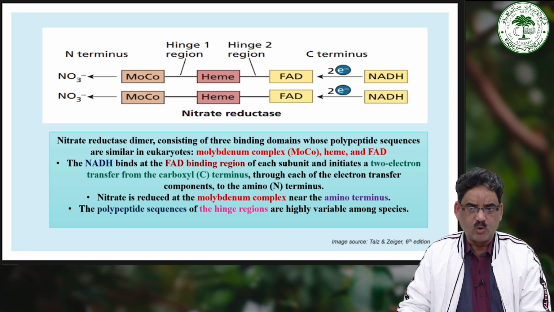HI region is located between the molybdenum cofactor center and the heme domain of the polypeptide, while the HII region is positioned between the heme domain and the domain complexed with FAD. The HI region is known to play a regulatory role in maintaining the enzyme activity.